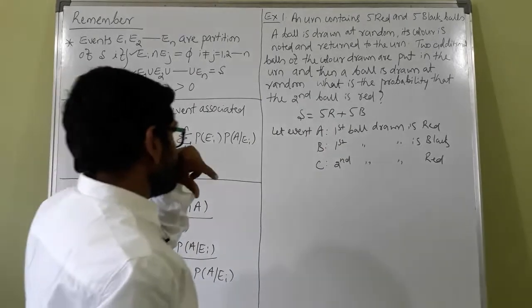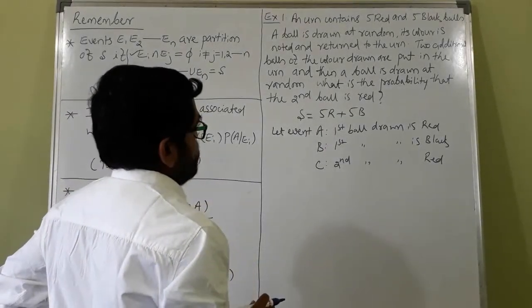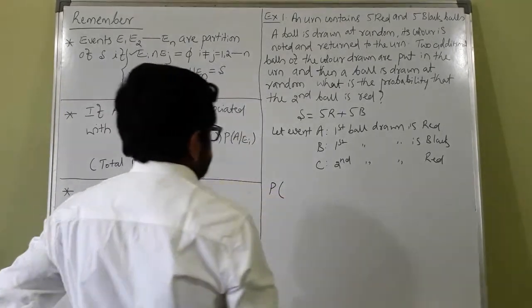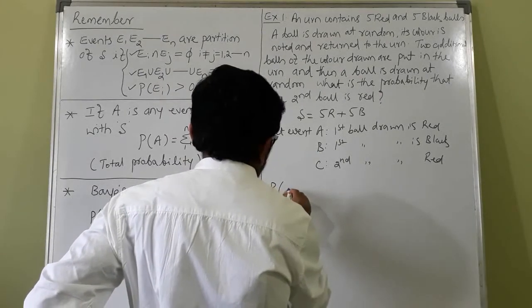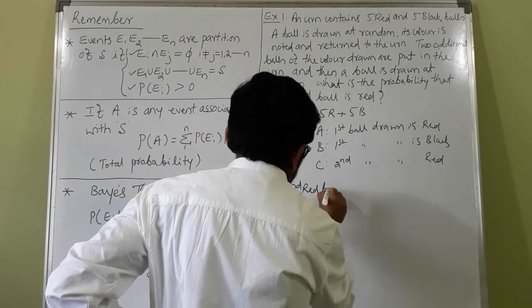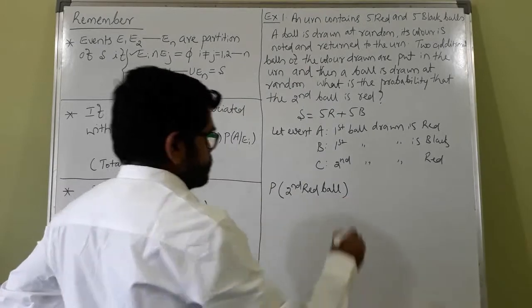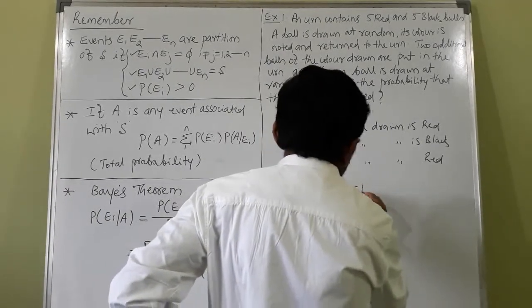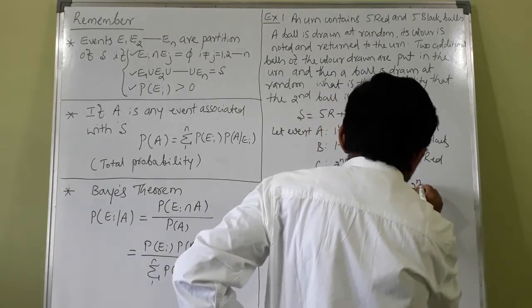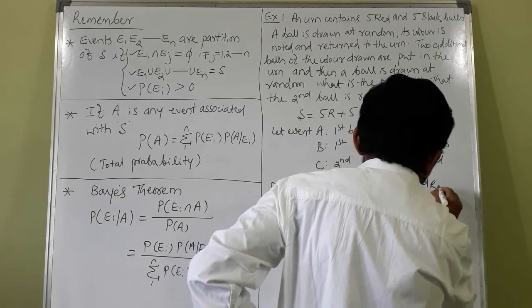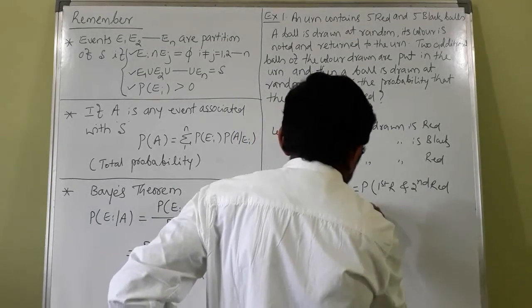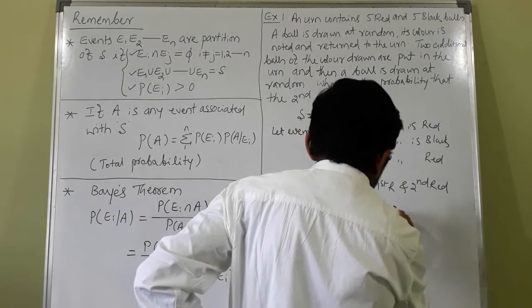See, now the probability of drawing second red ball is equal to probability of first red and second red, or first black and second red.